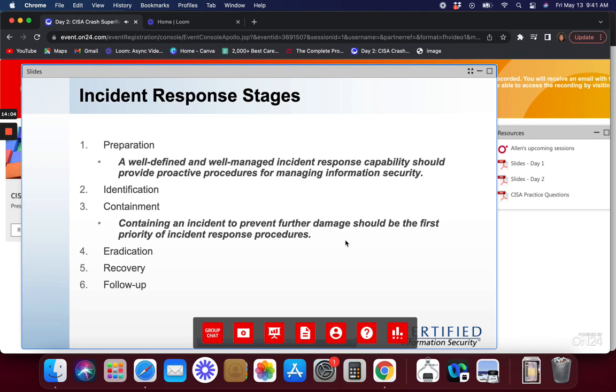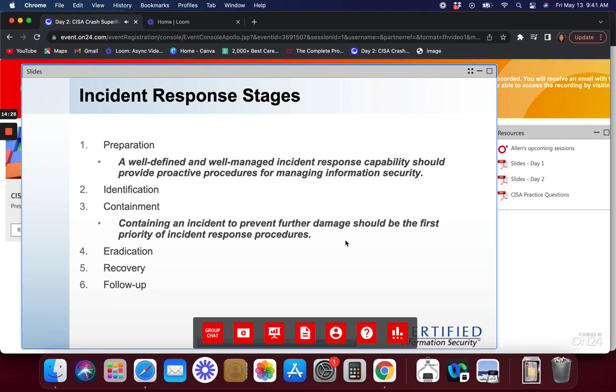Incident response stages, again, you've got essentially 6 stages. They won't be testing you necessarily in depth on this, but you need to know what you do in your preparation. A well-defined, well-managed incident response capability gives us the proactive procedures, not reactive, because preparation is proactive. Incident response is reactive.